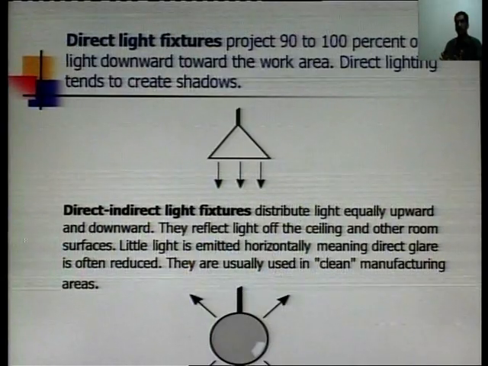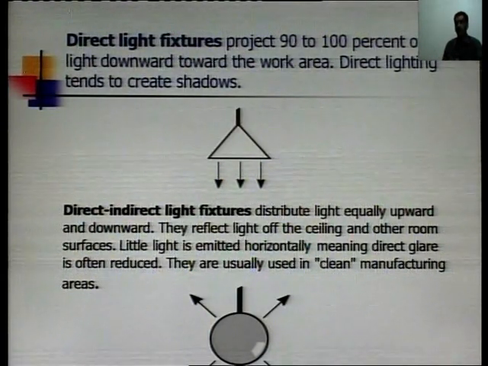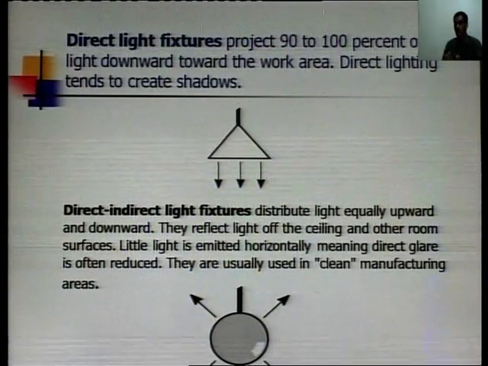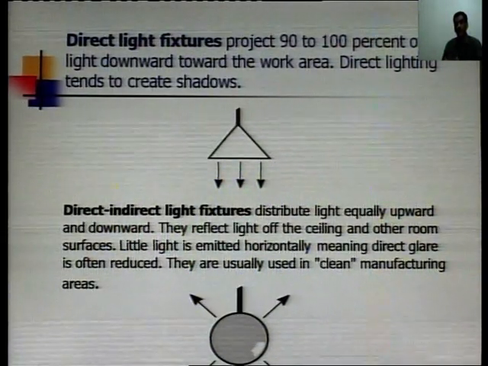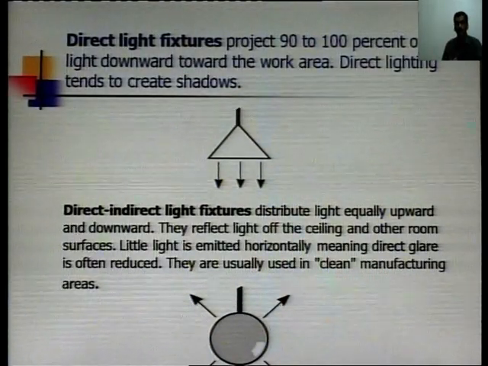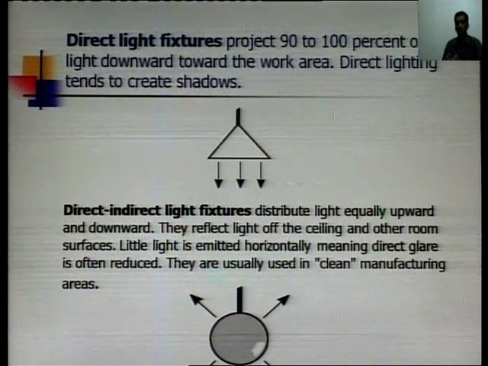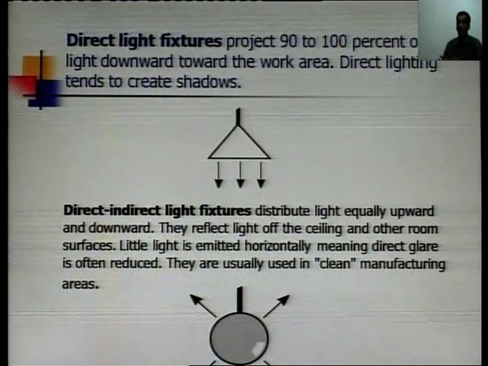The best part of this kind of fixture is that we are reducing the glare. Glare is a major issue in a particular location, in a particular room. So we need to avoid glare.